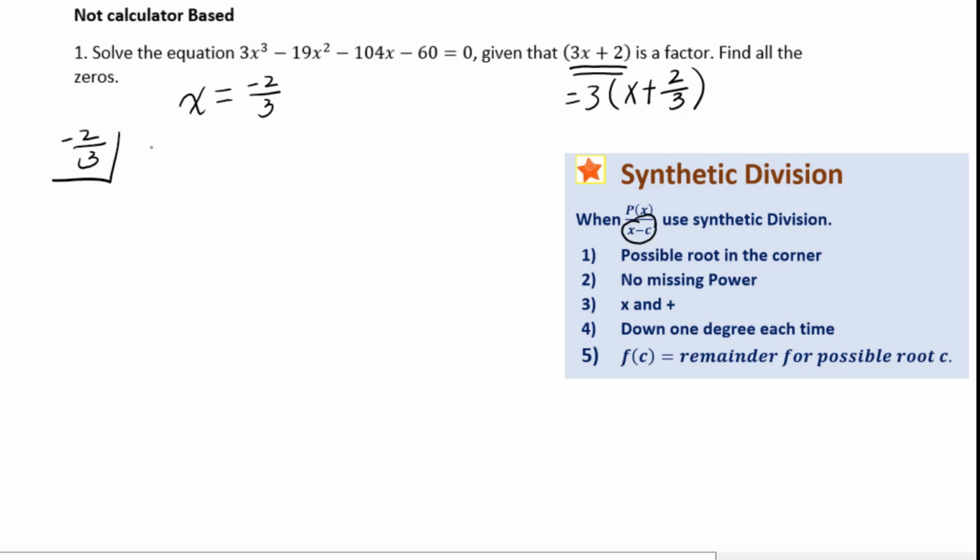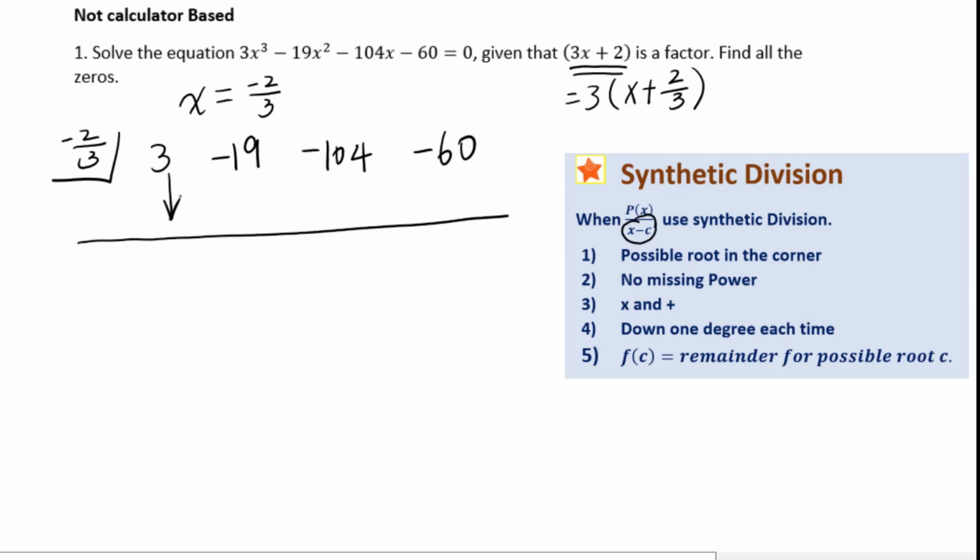No missing power. You have 3, negative 19, negative 104, negative 60. The first one, drop down 3. For the fraction, we will divide by the denominator, then multiply by the numerator. 3 divided by 3 times negative 2 is negative 2, adding negative 21.